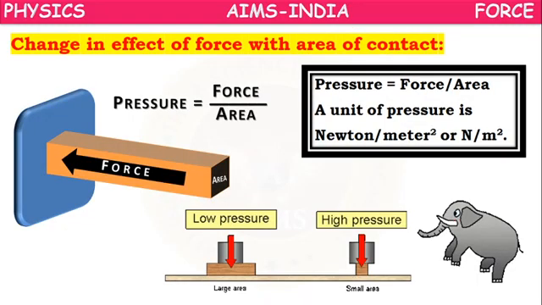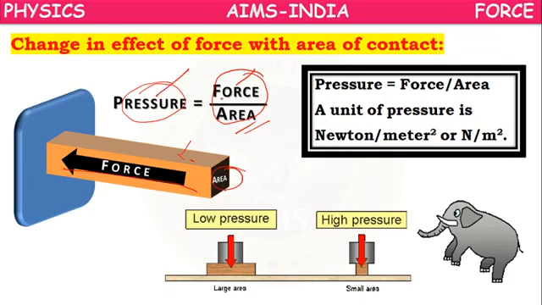So here we have learnt a new concept: force depends on area. That ratio of force by area is called pressure. It means how much force we are applying and on how much area we are applying it.